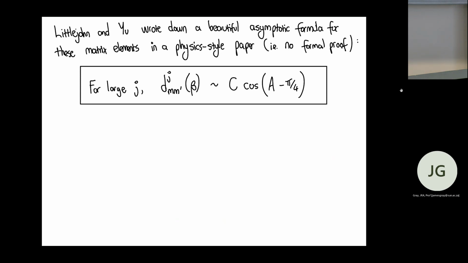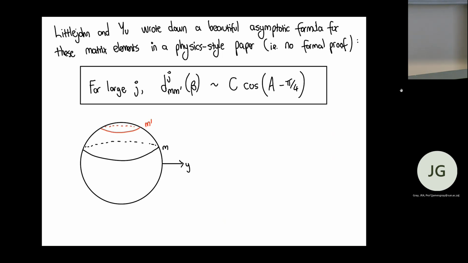Anyhow, the physicists Littlejohn and Yu wrote down a beautiful asymptotic formula for these matrix elements in a physics-style paper. They didn't give a formal proof of this formula, but what they said was that for large J, these matrix elements compute according to a certain formula. Let's understand what this formula is saying. They reinterpret these things as loop states, so associated to M and M prime you've got these two loops.